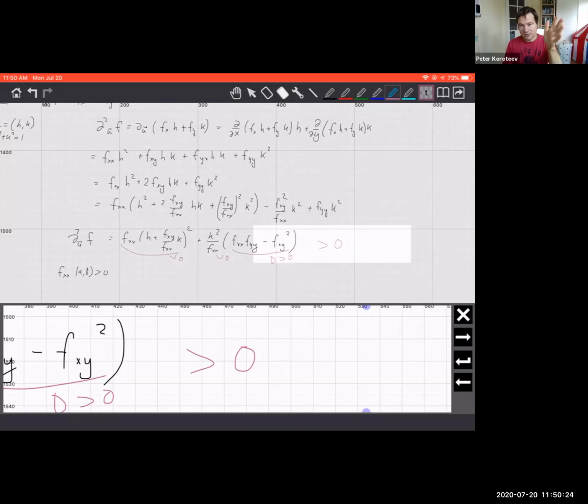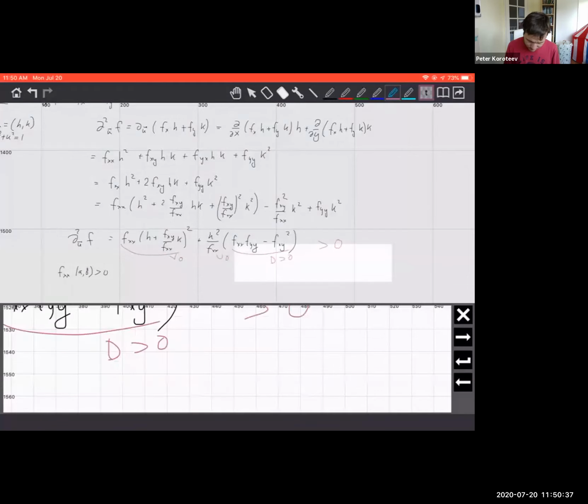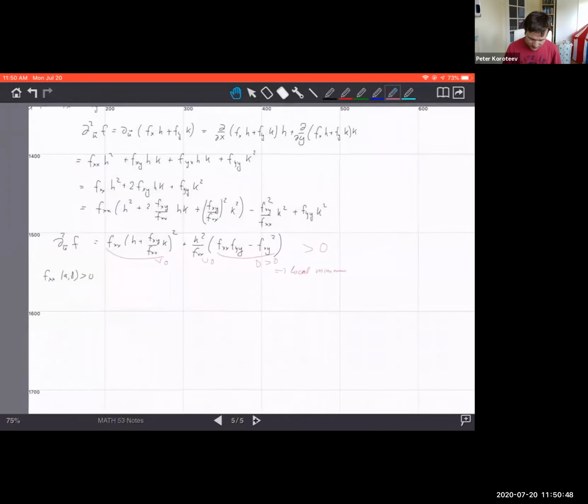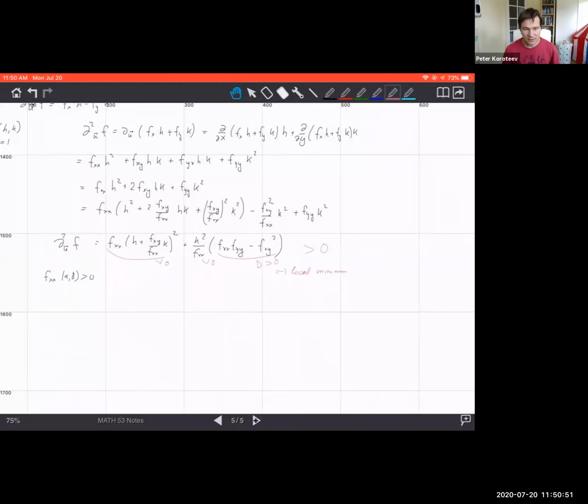Therefore every slice of the graph, every section would give you a curve which will be concave up like this, and that would show that this is the local minimum. So wherever we go, in every direction, you'll get a local minimum.